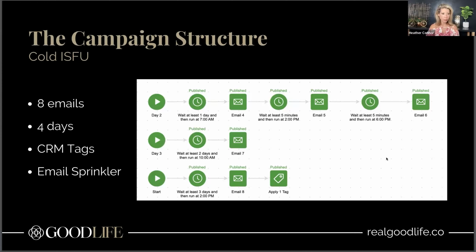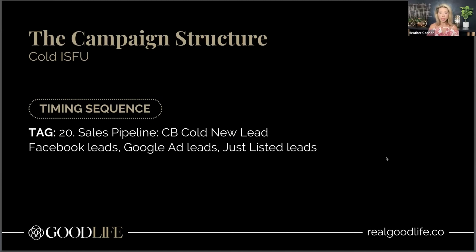Mine has 8 emails. It covers 4 days. We're also going to share the CRM tag that I use to trigger, and then the follow-up, which is email sprinkler. Let's talk about the timing sequence. So first, before we jump into the exact sequence, the tag that I utilize in my CRM might look different than yours. For me, the 20-dot sales pipeline, that's just how I organize the overall intent of the campaign, the tag, what I want added to that client's profile.